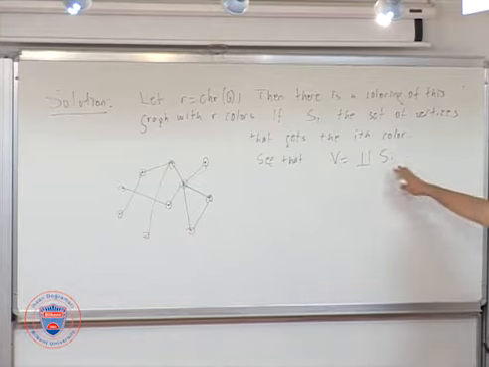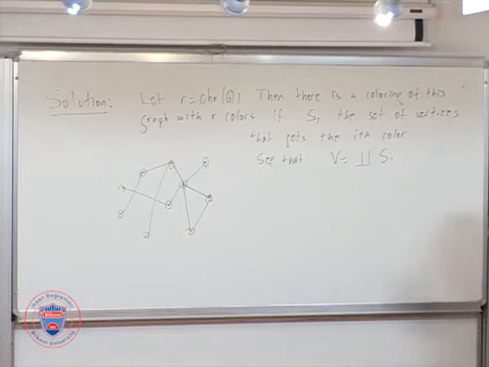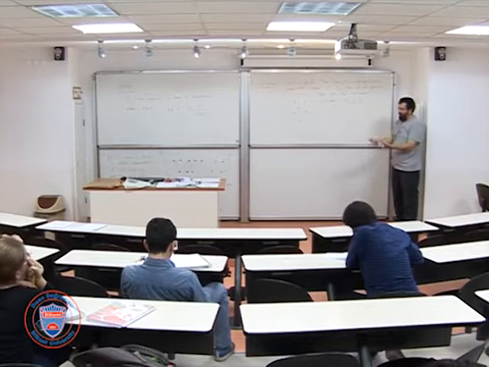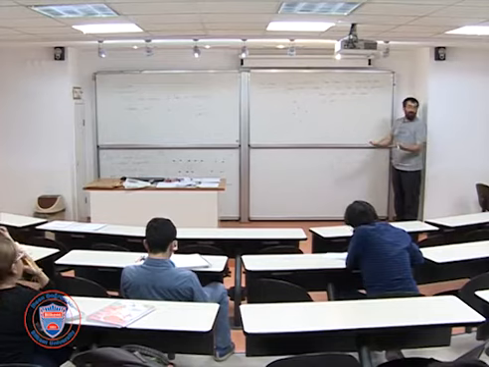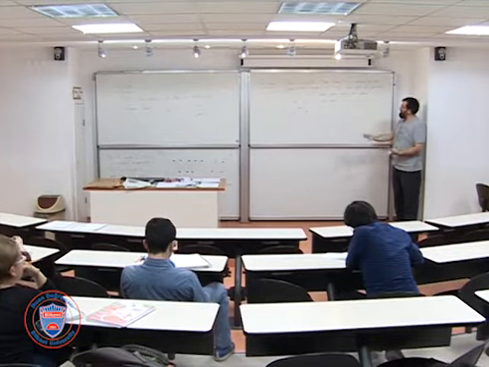So this is the union of green ones, black ones, and red ones. Okay? So the vertex set naturally decomposes into these green ones, red ones, and black ones.